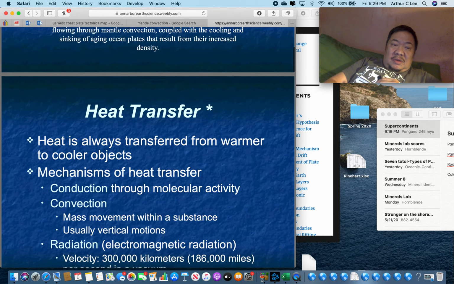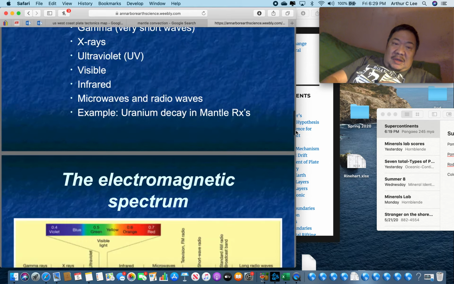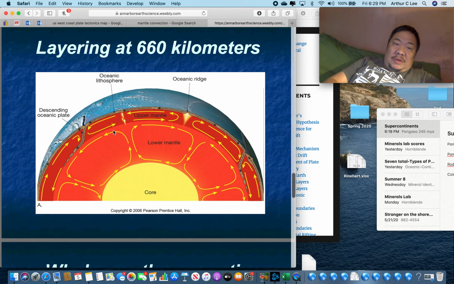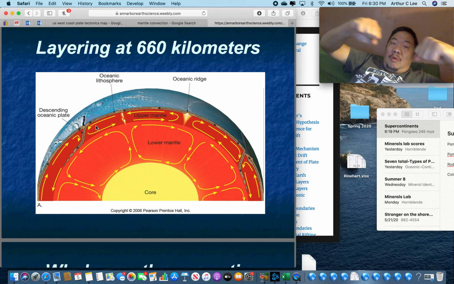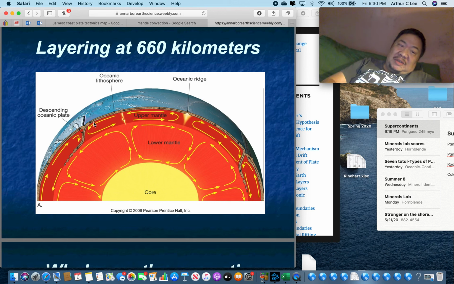So ultimately, what drives plate tectonics is mantle convection, and here you can see how it works. We have convection occurring in the upper mantle and the lower mantle, but the convection in the upper mantle drives the plate movement. It causes plates to pull apart. It also causes plates to subduct.